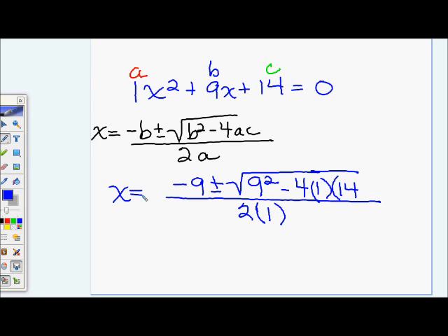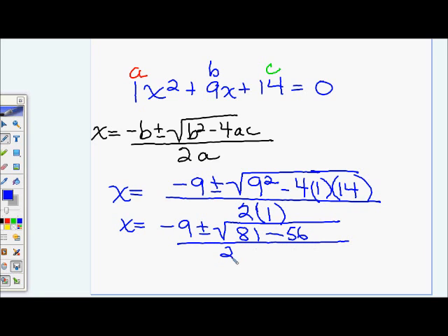Now I would go ahead and multiply that out. Hopefully I can fit all this in here. We would have our 81, and I'm going to write this just off to the side here.